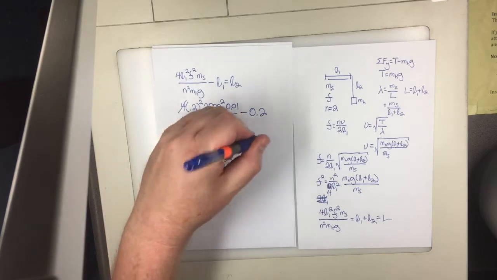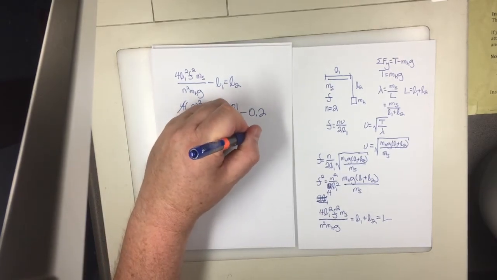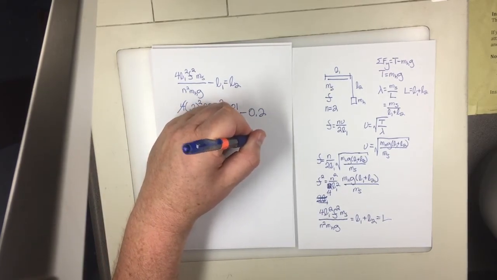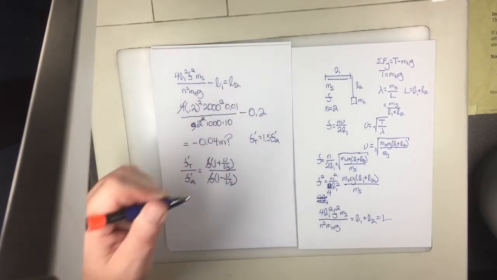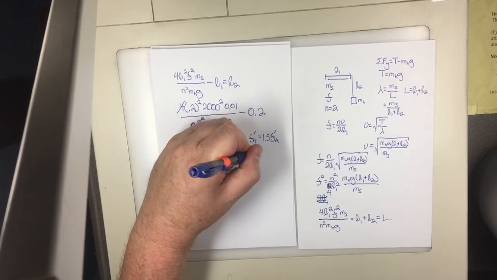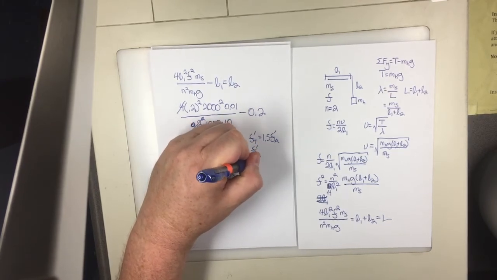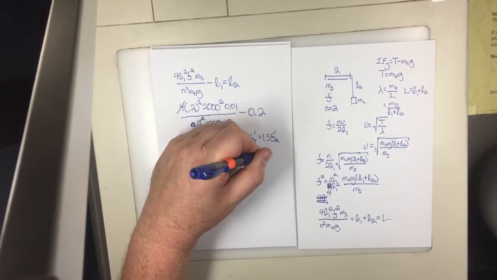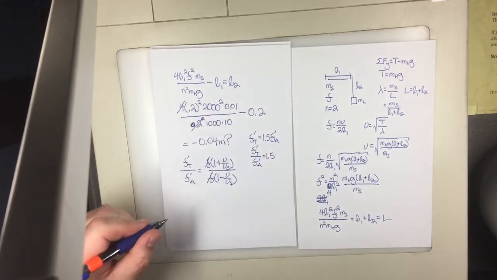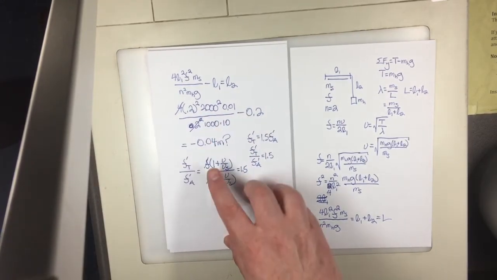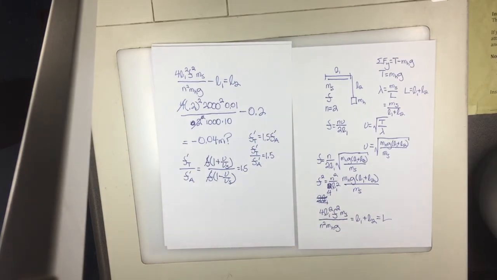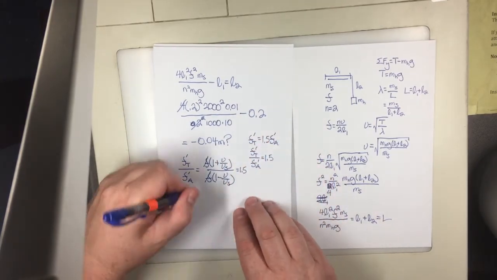If F towards is equal to 1.5 F away, then F towards divided by F away is equal to 1.5. And so this is the equation that we use. Bring that up.